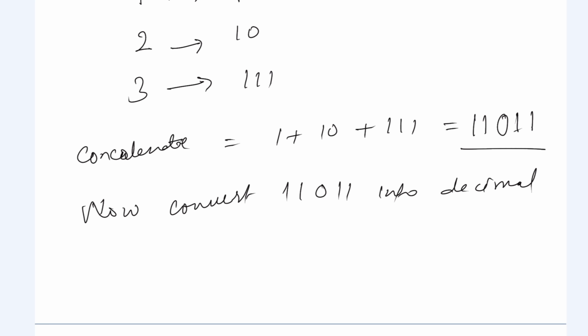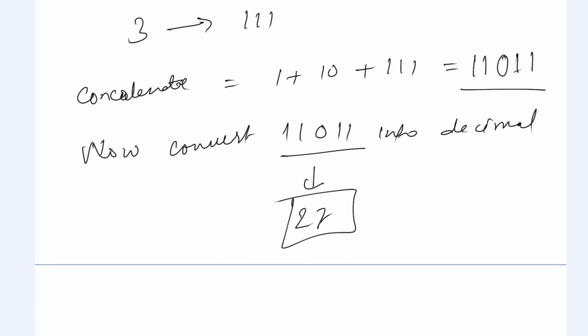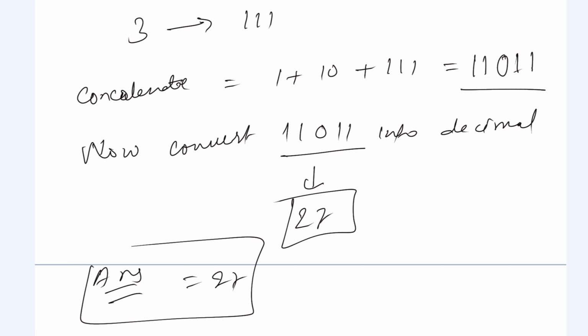Once you convert it, it becomes 27. And that is why the output is 27, and this is our answer. This is the small example we take for simple numbers.